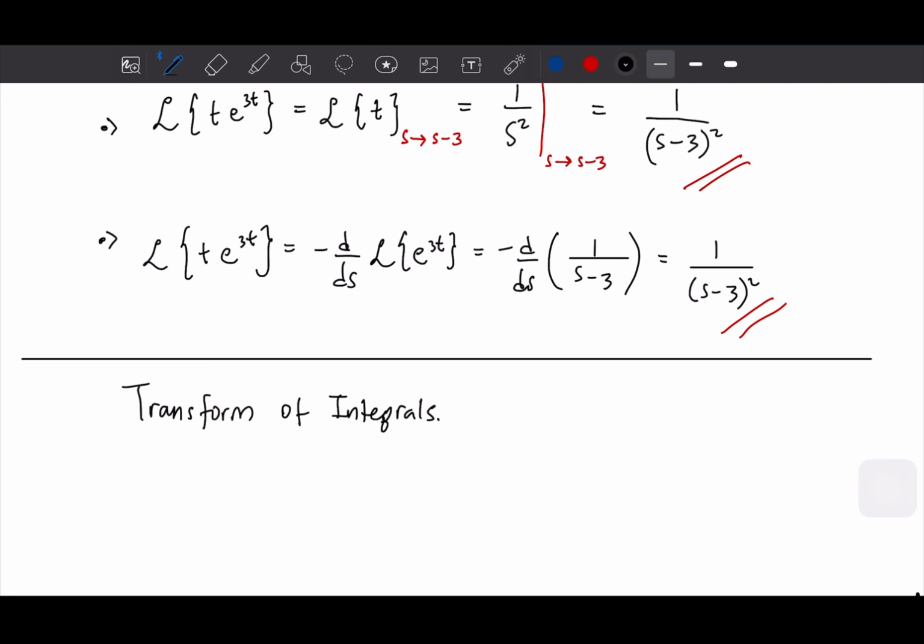To begin with this transform of integrals, we are going to start with a new term we call the convolution.